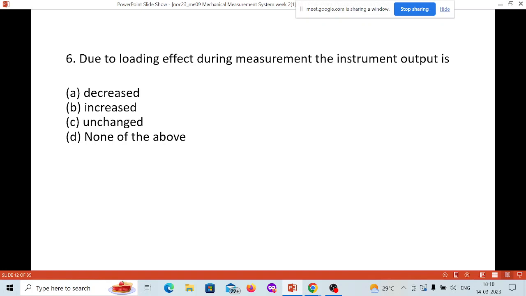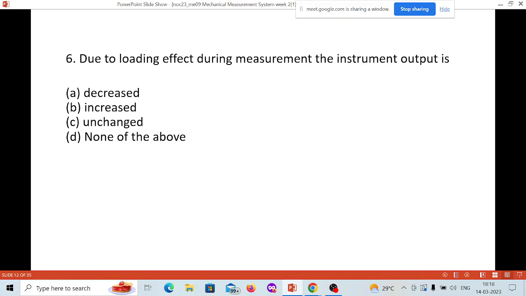In this case, loading effect occurs if the instrument used to measure puts an additional load on the system in which the value has to be measured. It acts as an additional load, and that is called the loading effect.